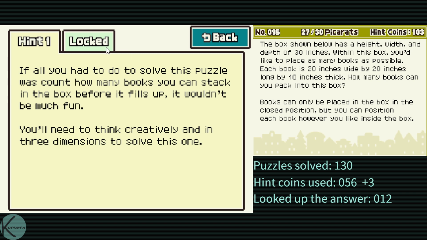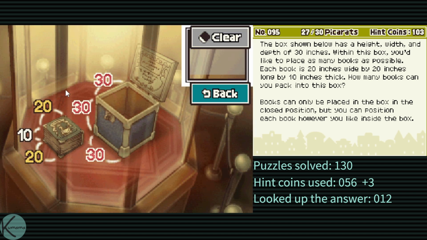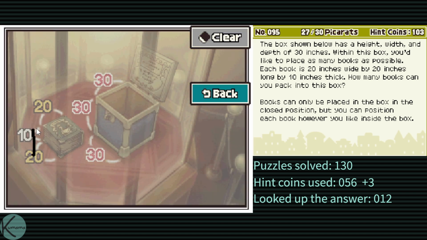Yes, I got that. Okay, hang on. They're probably like, you put 1 down like this. This is a 20. This is a 10. And then you put one side up like this.